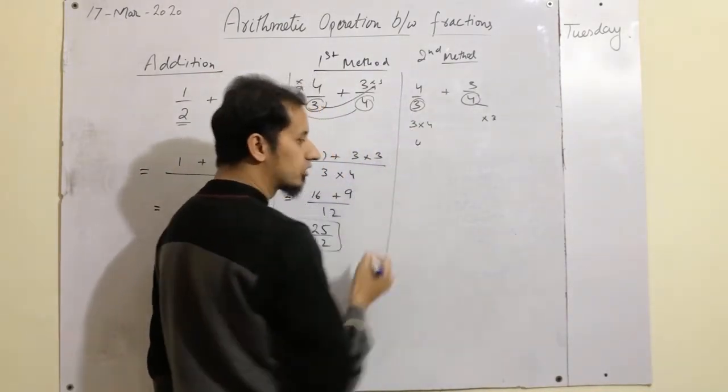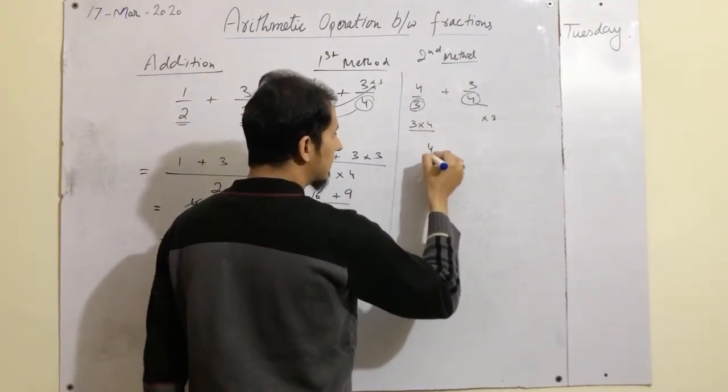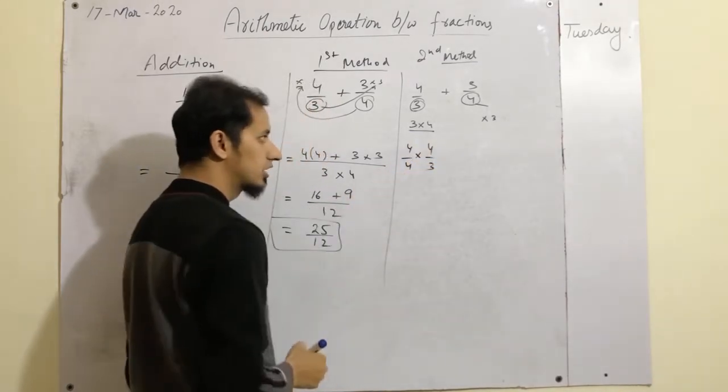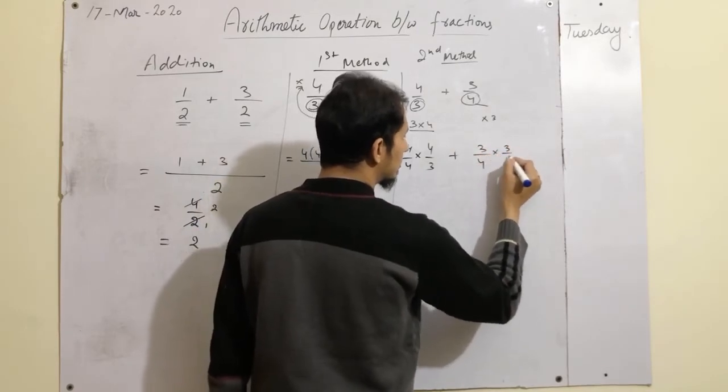Okay, now I multiply 4 over 3 by 4 over 4, and 3 over 4 by 3 over 3.